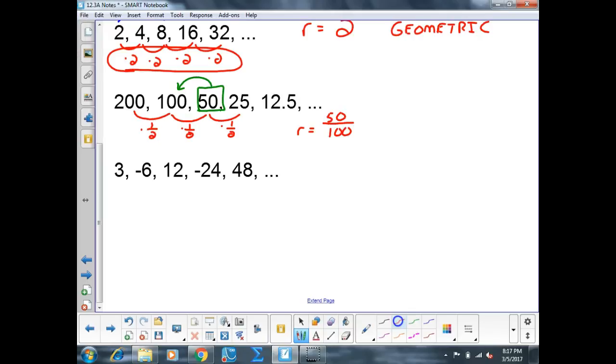I'd reduce that: 50 goes into 100 twice, so that's 1/2. So my R value here is 1/2. Again, here with negative numbers, I'm multiplying by -2, multiplying by -2, multiplying by -2. So my R value there is -2.